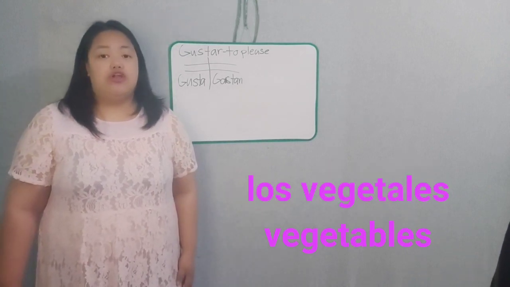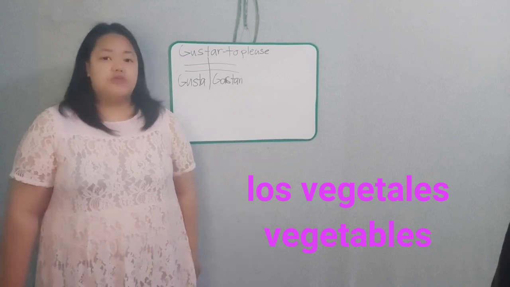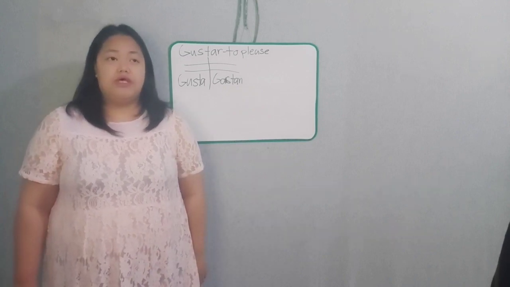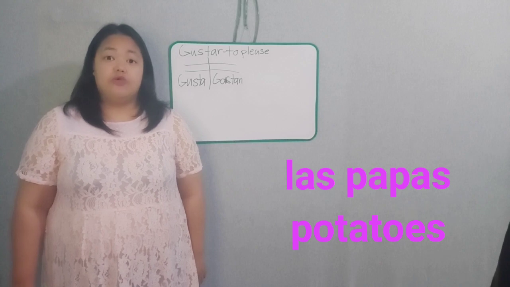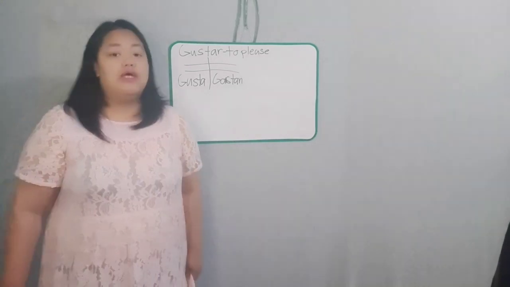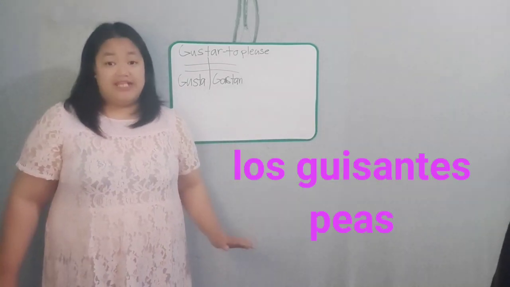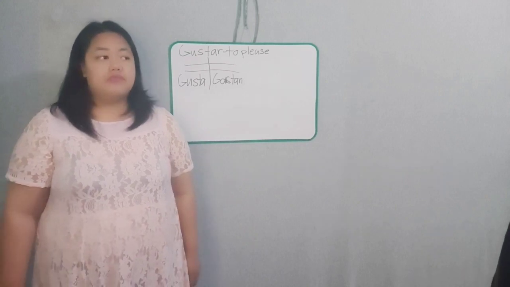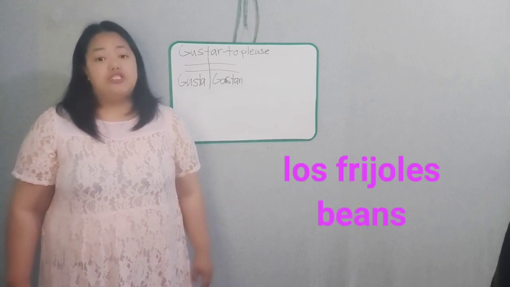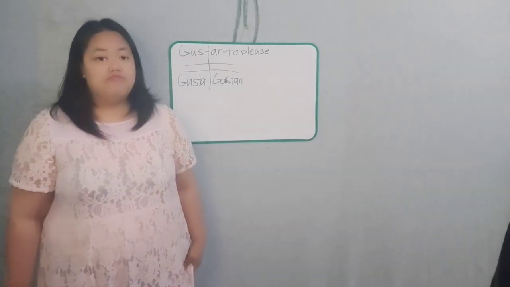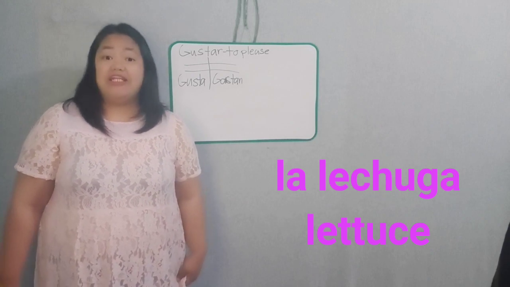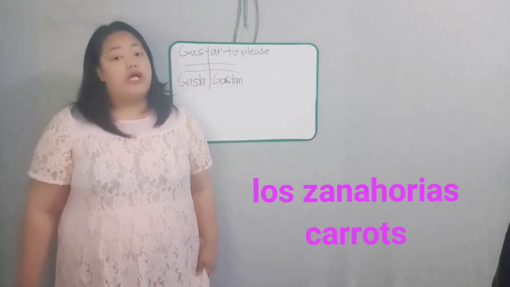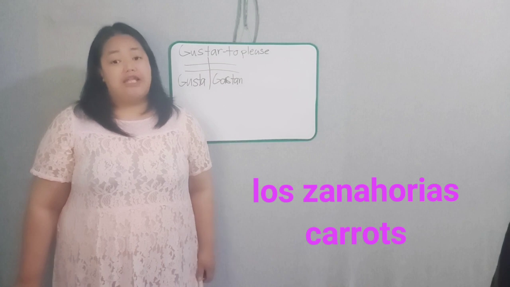Vegetables is los vegetales. So specific vegetables would be, potatoes will be las papas. Peas would be los guisantes. Beans would be los frijoles. Lettuce would be la lechuga. Carrots would be las zanahorias.